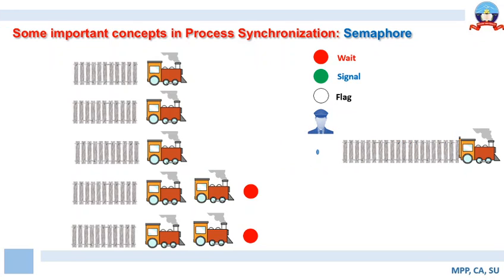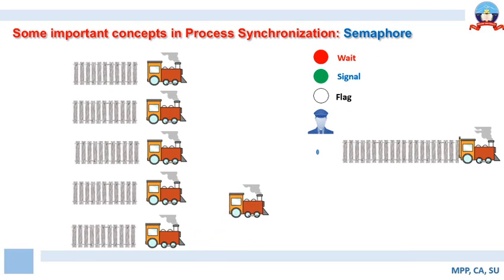Likewise, the route master signals the fourth train, and eventually the fifth train to use the route. So this is the way the route master coordinates the utilization of the route among the various trains who are utilizing a shared route.